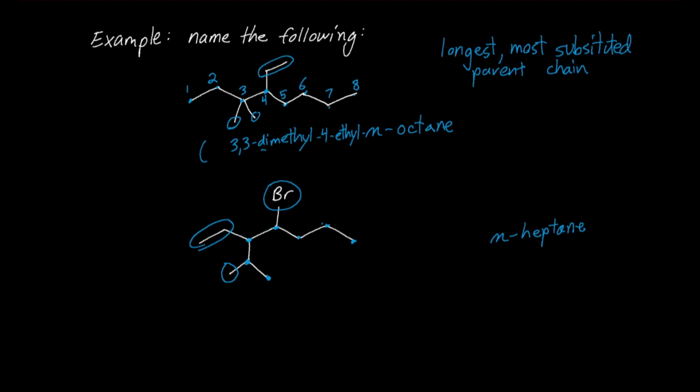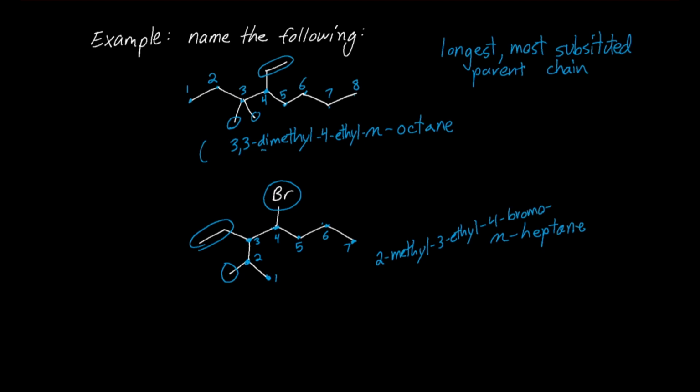And numbering wise, I would go from down here, 1, 2, 3, 4, so that I have substituents 2, 3, and 4, rather than 4, 5, and 6. So 5 and 6 are over here. And so we have 2-methyl, 3-ethyl, I'm going to run out of room, 4, and we would call it bromo.